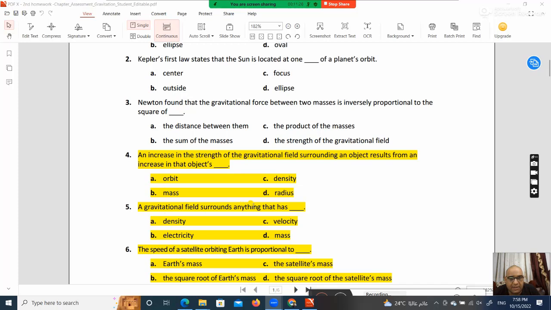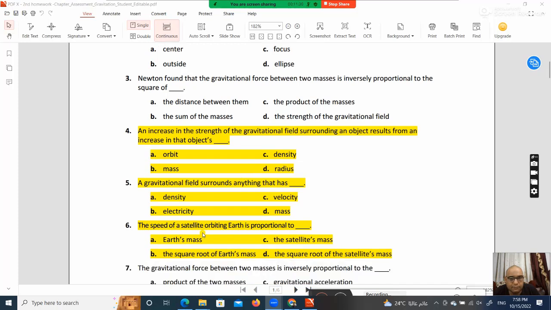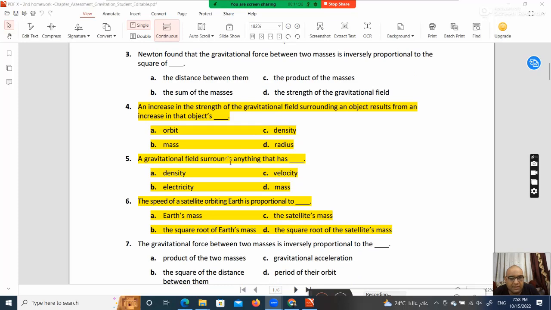A gravitational field surrounds anything that has mass, with a density of the gravitational field. As you move towards the object itself, the density of the field increases. As you move away from the object, the density of the field decreases.